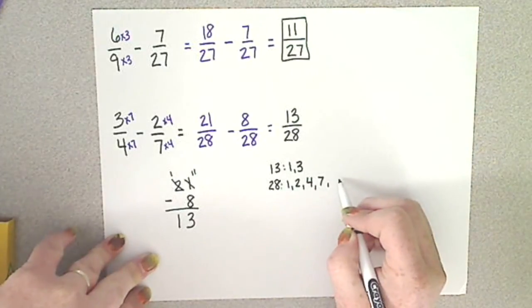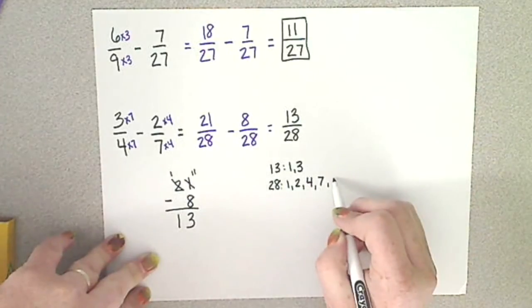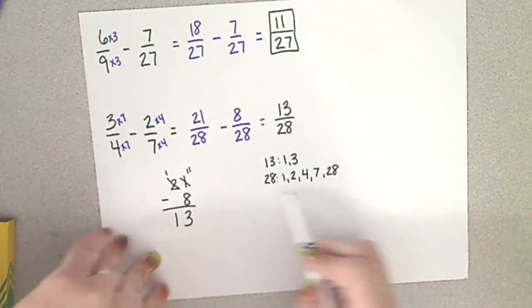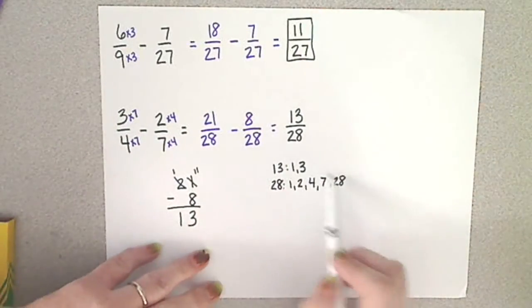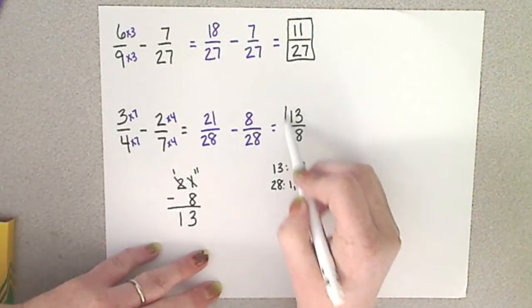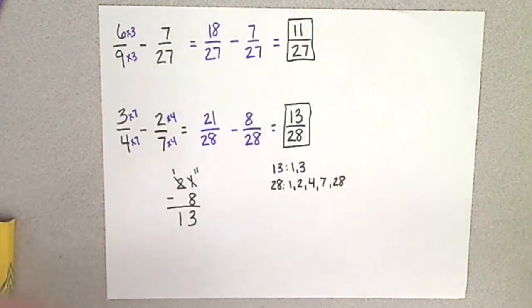Not 9, not 10, not 11, not 12. So we're already past the halfway point, so 28 is the final. I cannot divide 13 and 28 by a common factor higher than 1, so it is the simplified fraction.